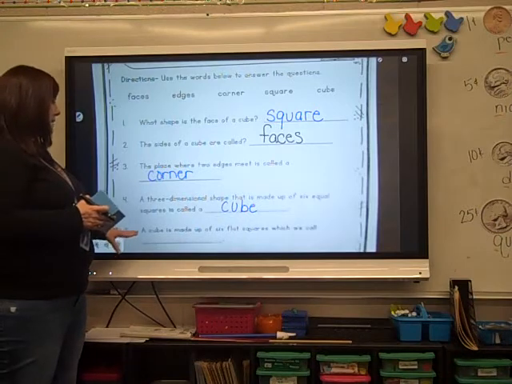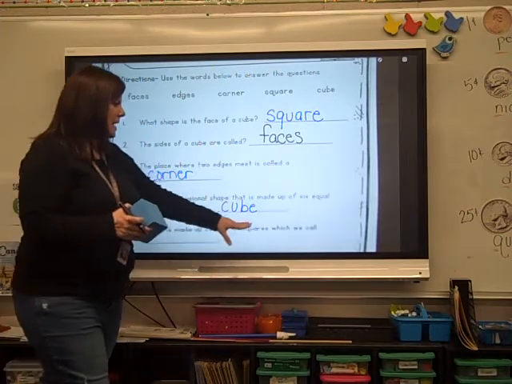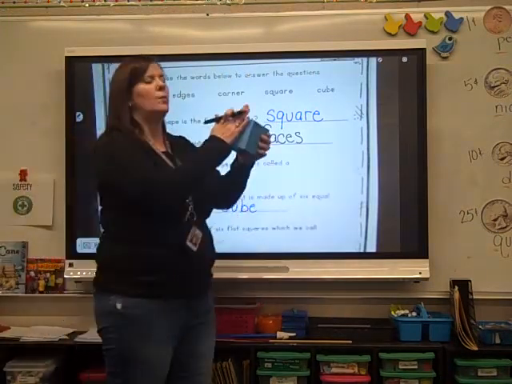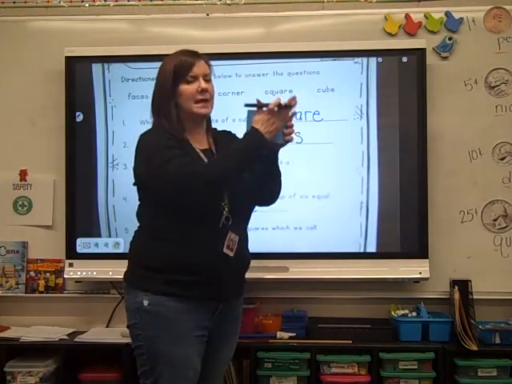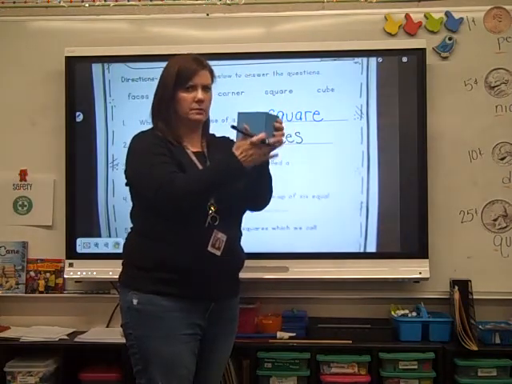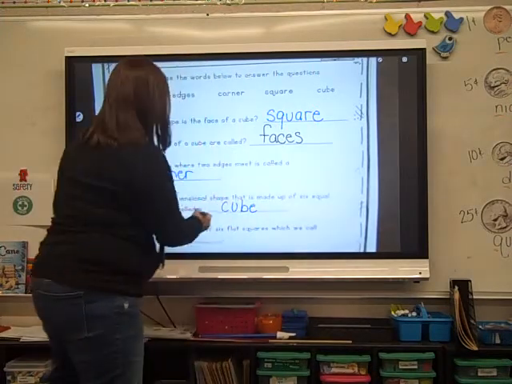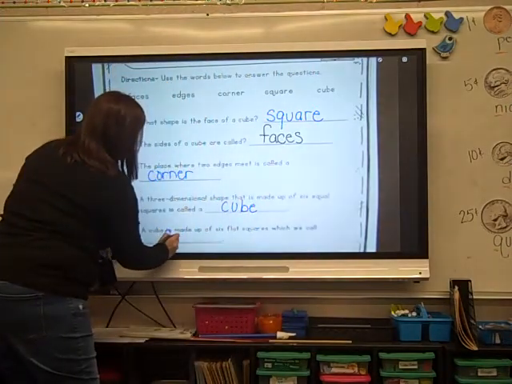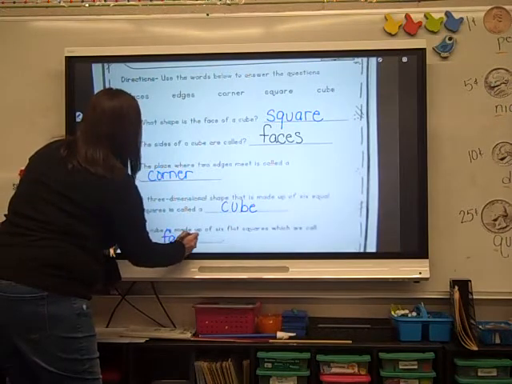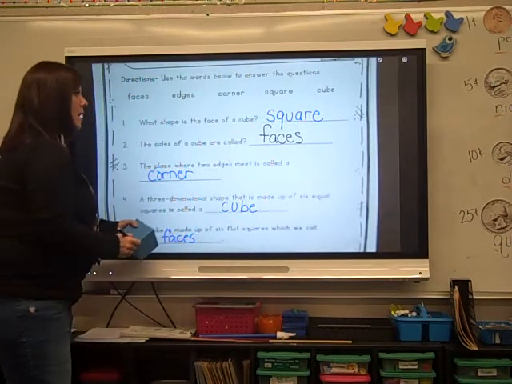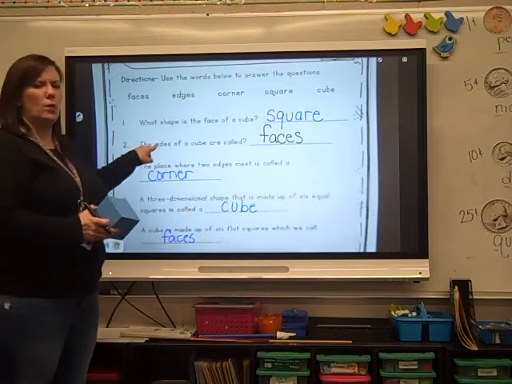Okay, and number 5, a cube is made up of 6 flat squares, which we call what? So what is that flat square called? It's called a face, isn't it? So we use the word face twice, because this one's worded funny.